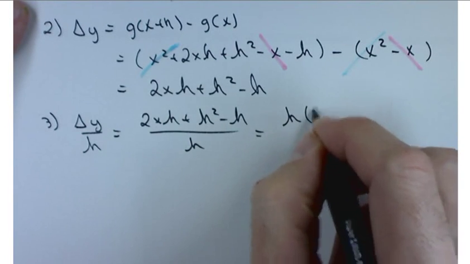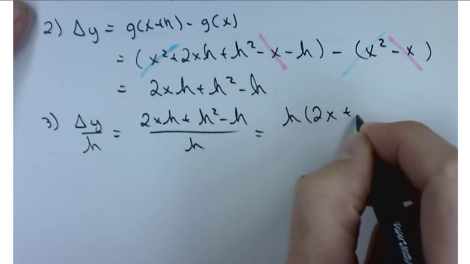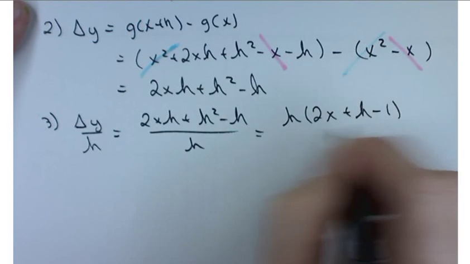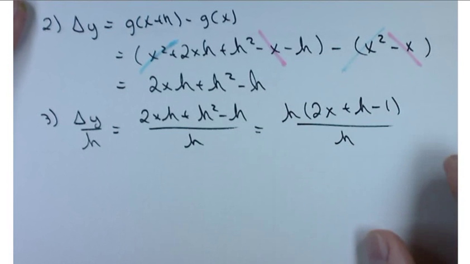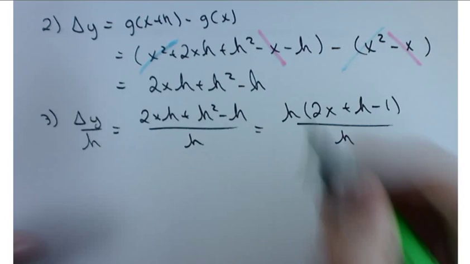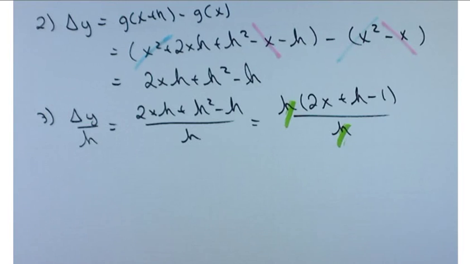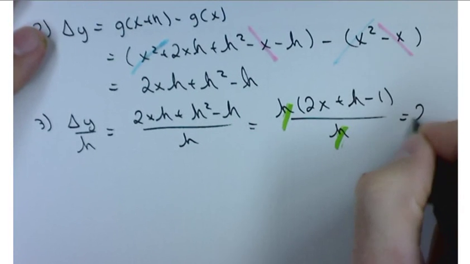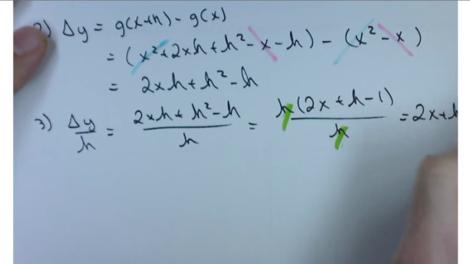It's h times 2x plus h minus 1 over h. We get some nice cancellation here. The h's cancel out, and it leaves us with a relatively simple function, 2x plus h minus 1.